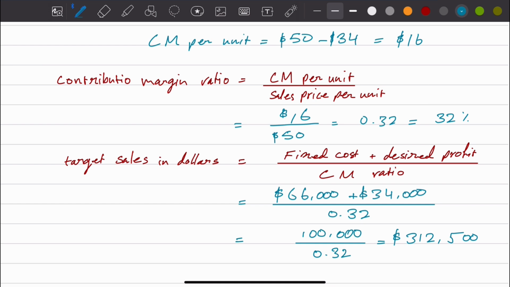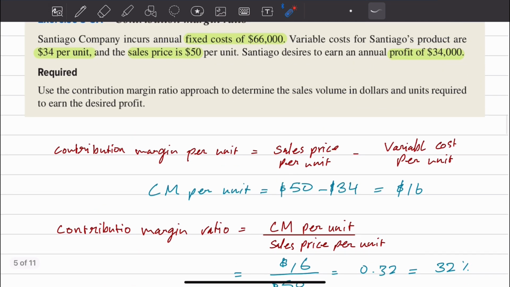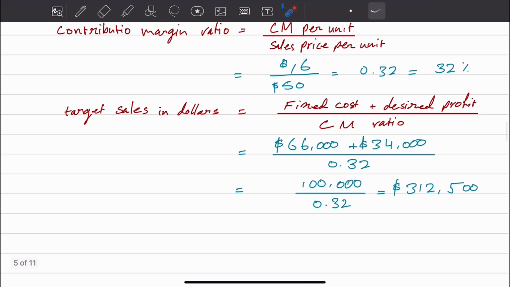So meaning that if the company, based on the data that we have, wants to achieve a profit of 34,000, they need to have total sales of $312,500. Okay. Now remember that the question also wants the sales volume in dollars and in units. So now we're going to do the opposite of what we did in the previous exercise. We're going to take this, and in order to transform it from dollars into units, we're going to divide it by the selling price, right?